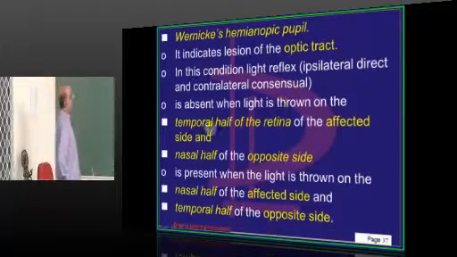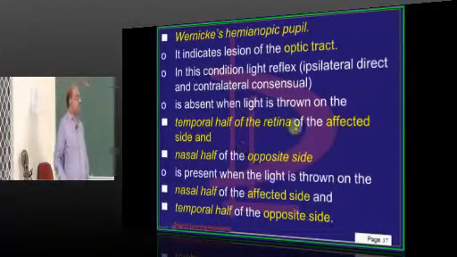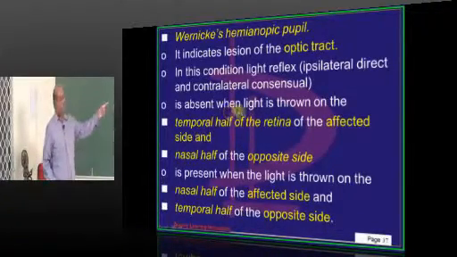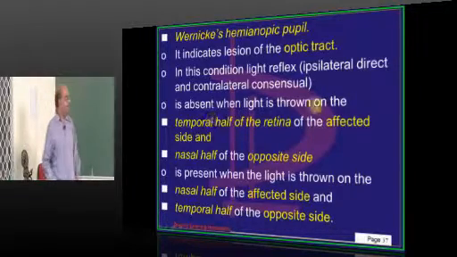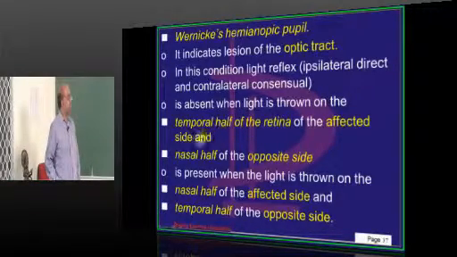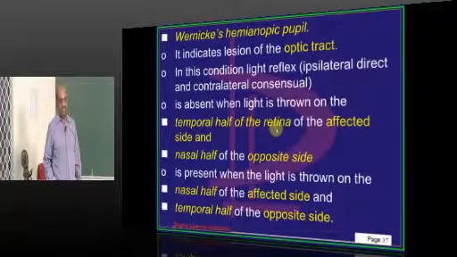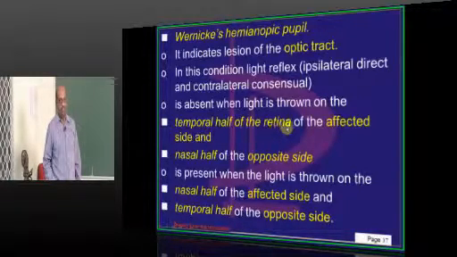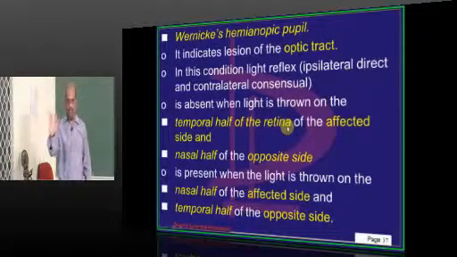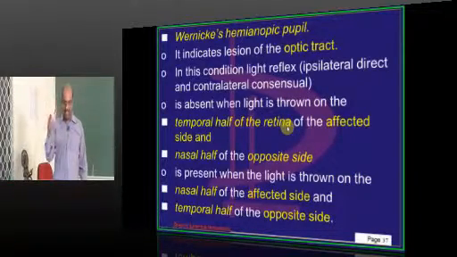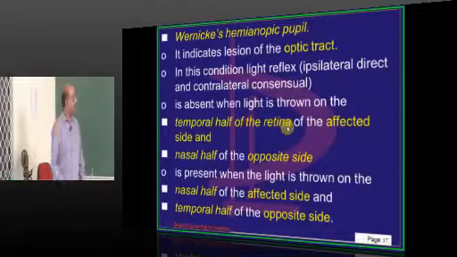So in this condition, what will happen if there is a lesion? If you throw light on the temporal half of the retina, because my temporal fibers are carried by my ipsilateral side optic tract only, no?